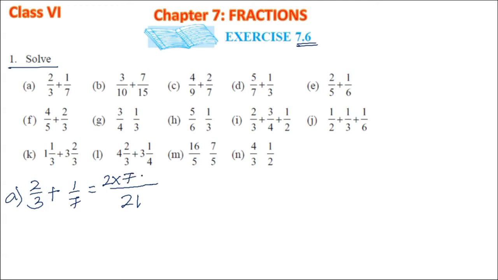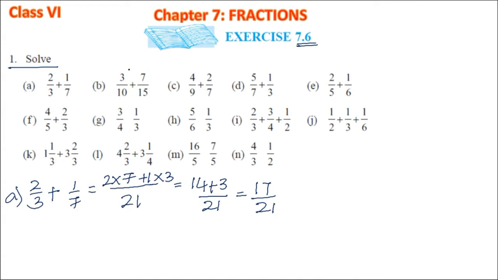So we'll multiply with 7, plus 1 by 7. This 7, if you multiply with 3, we get 21. So 1 has to be multiplied by 3. Here it becomes 14 plus 3 divided by 21. This will be equal to 17 upon 21. For the first one, the answer is 17 upon 21.